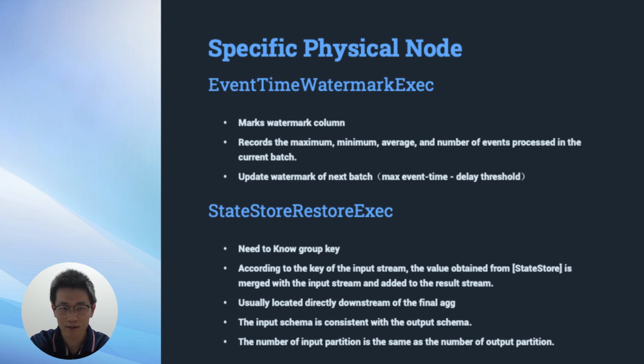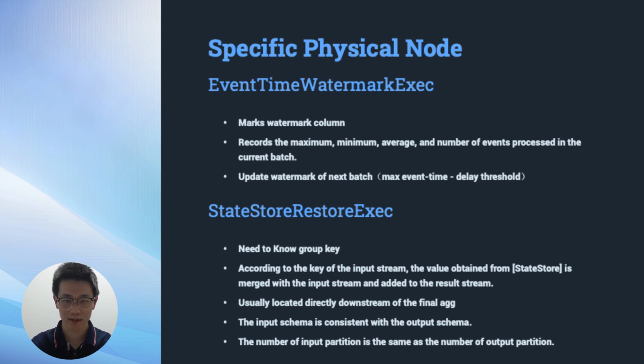Next up is the state store restore operator. We mentioned this briefly when we were looking at the diagram. What's special about this operator is that it retrieves data from the state store based on the group by key. In other words, it fetches data from the state storage relevant to the data involved in batch processing.